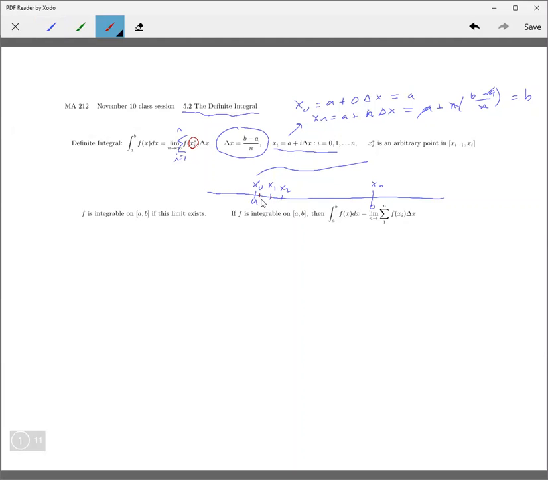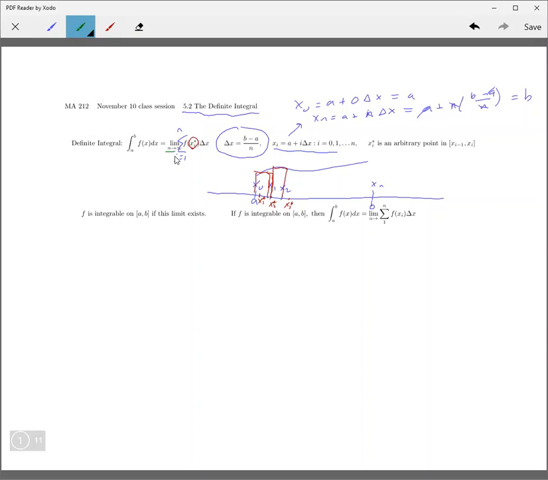That could be x2 star, x3 could be right here, x3 star. At that point, you find the corresponding rectangle and use its area. So that's just a rough idea of what's going on. And you sum all those up, and you take the limit.